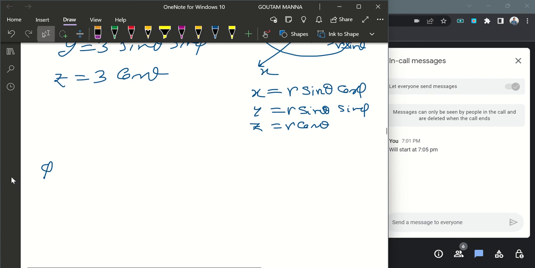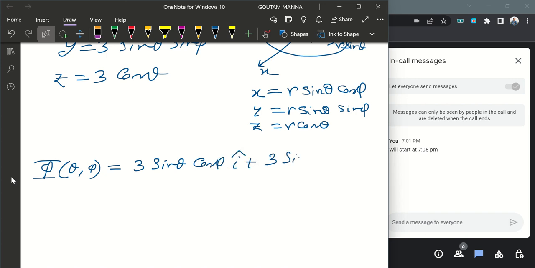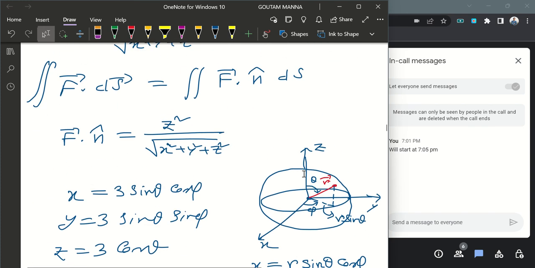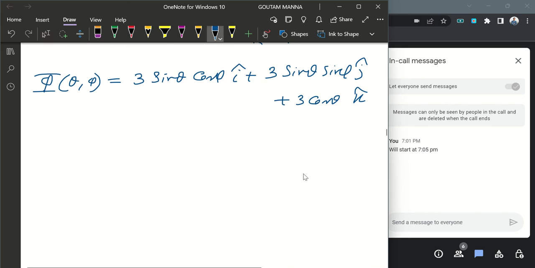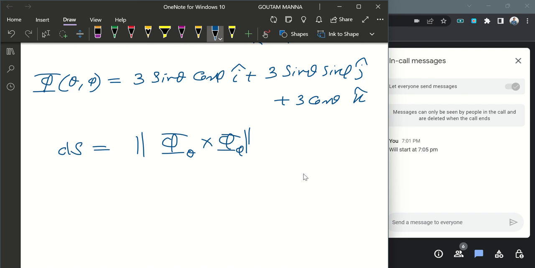So then Phi of theta, phi is 3 sin theta cos phi i hat plus 3 sin theta sin phi j hat plus 3 cos theta k hat. So then dS is the magnitude of Phi theta cross Phi phi d theta d phi.